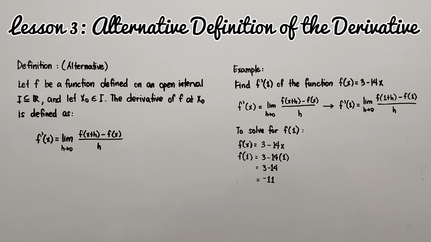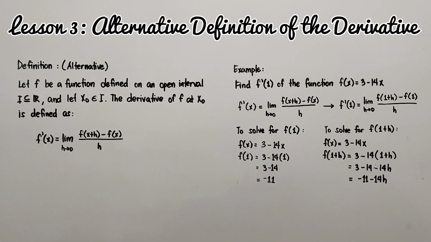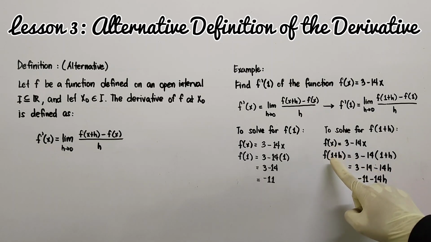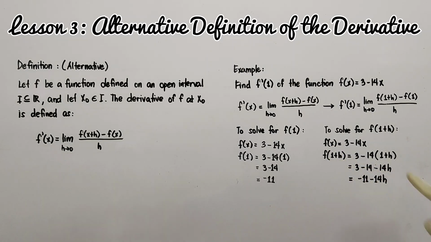Let's proceed now to f of 1 plus h. To solve for f of 1 plus h, we simply substitute the entire value of x by 1 plus h. So from the function, we have 3 minus 14, changing this x to 1 plus h. After that, simplify: negative 14 times 1 is negative 14, and negative 14 times positive h is negative 14h. Combine the constants, so you have negative 11 minus 14h.